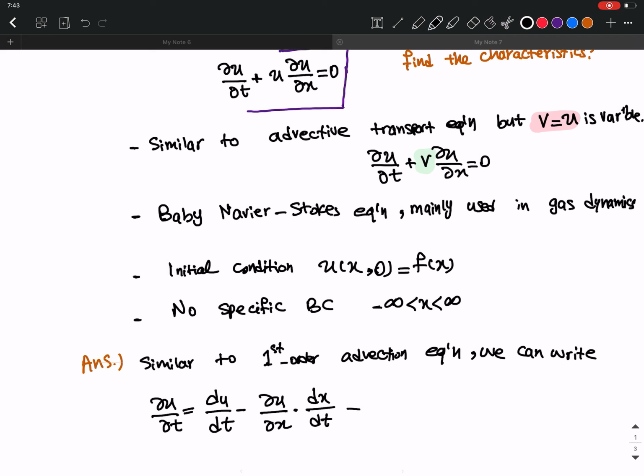And so we just substitute this in Burger's equation.